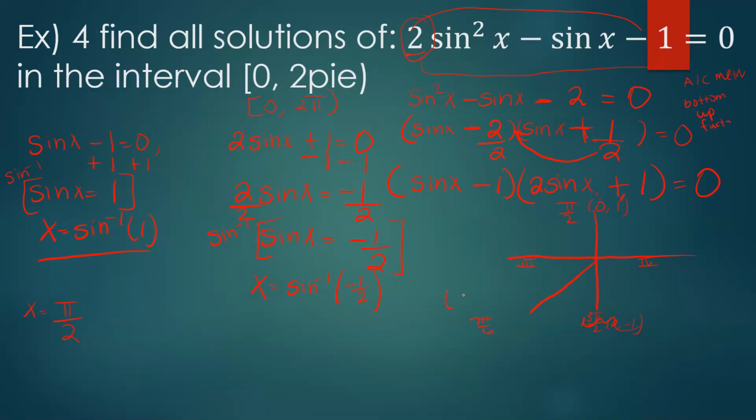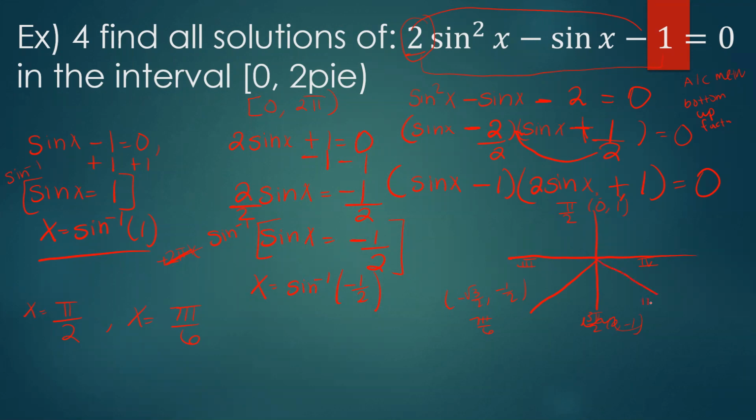Because that has a coordinate of (negative radical 3 over 2, negative 1/2). So another answer is going to be 7 pi over 6, and do not use plus 2 pi k or any kind of k because we have a boundary from 0 to 2 pi. And then where else is sine negative 1/2?